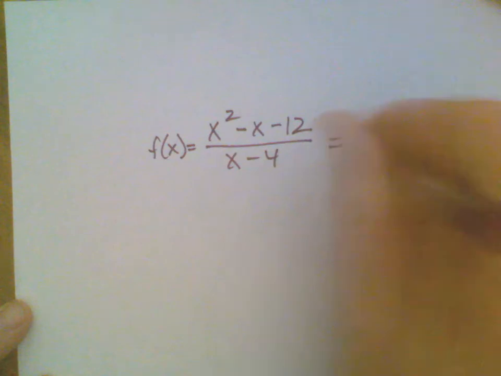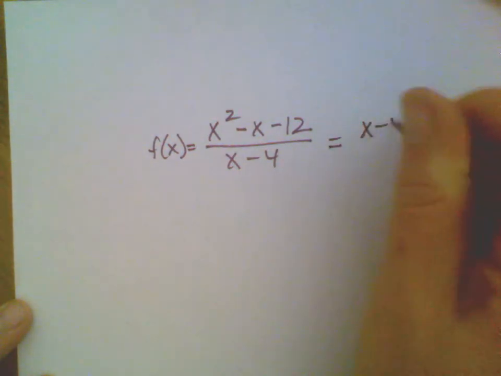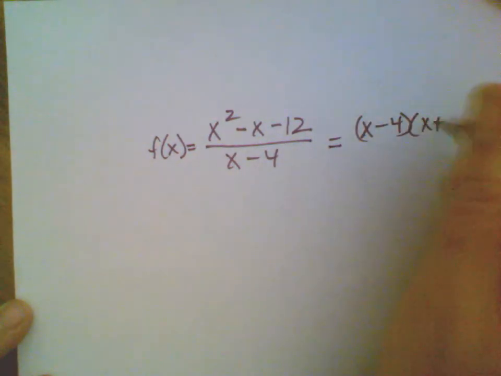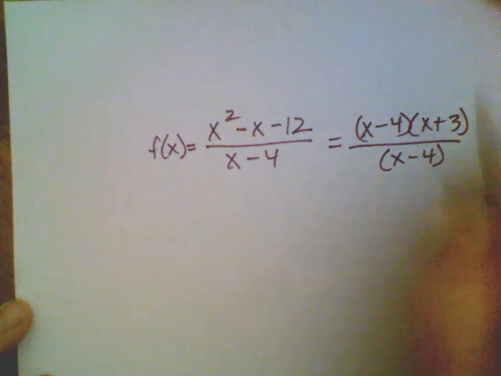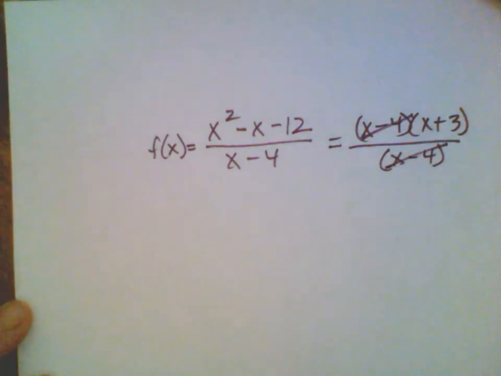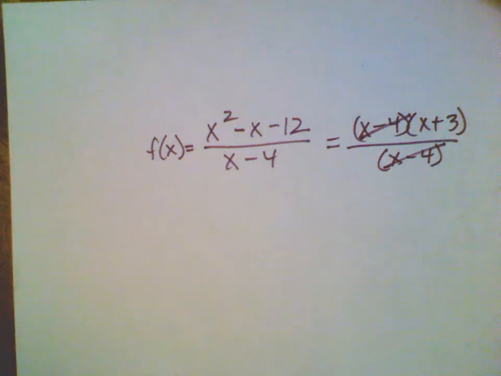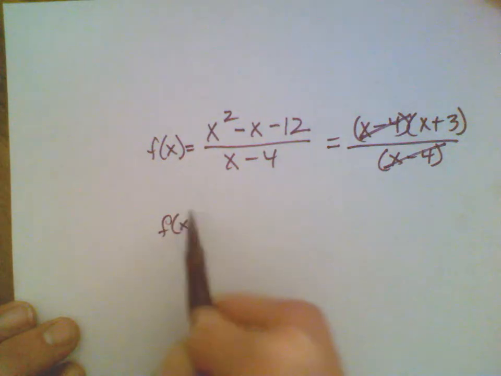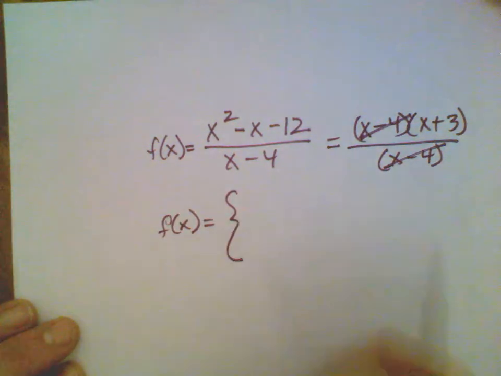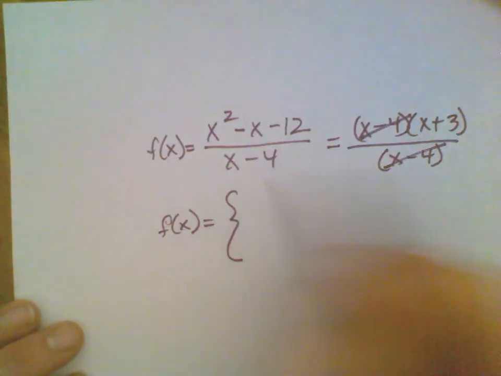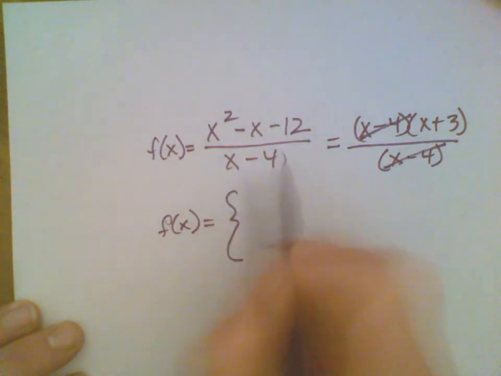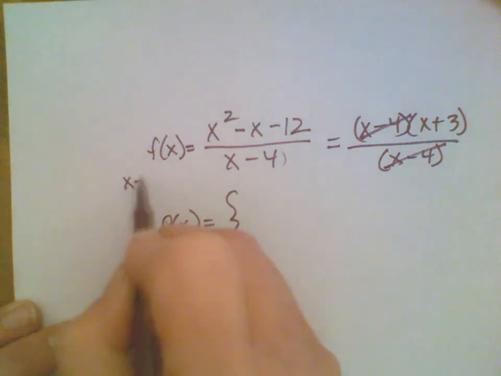So I'm going to factor x minus 4, x plus 3, and take out that issue, x minus 4. And again, you can't always do this with every function. It doesn't work that way, but we can with some of them. And if we can rewrite it as a piecewise function, I'm going to make it work. Again, I'm going to make it whole. The issue was right here, what would make the denominator 0.